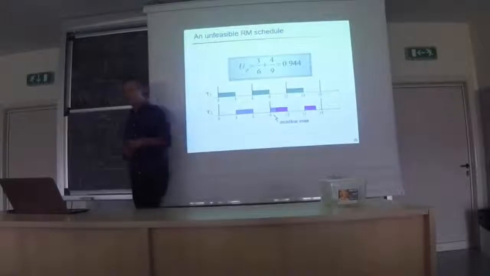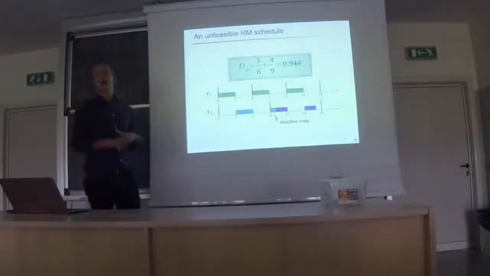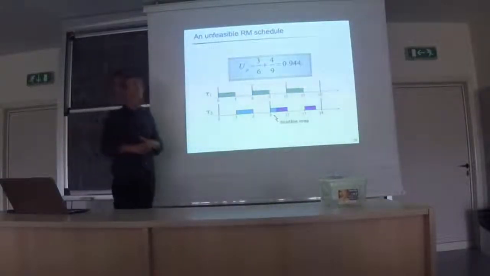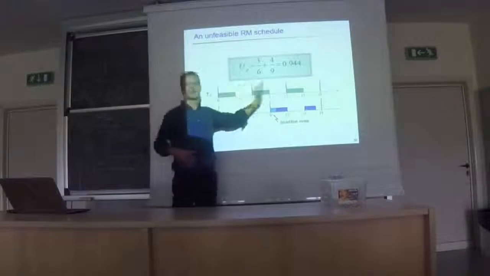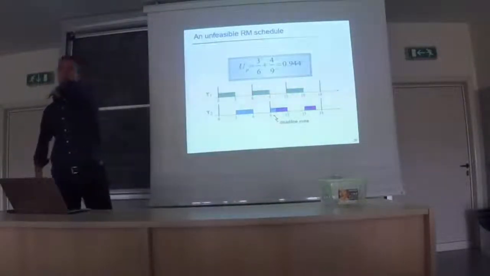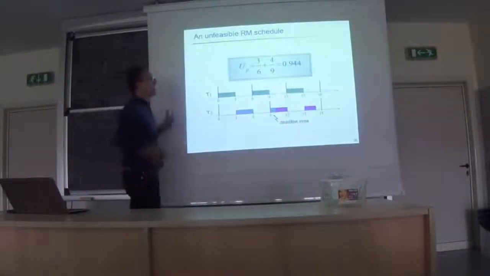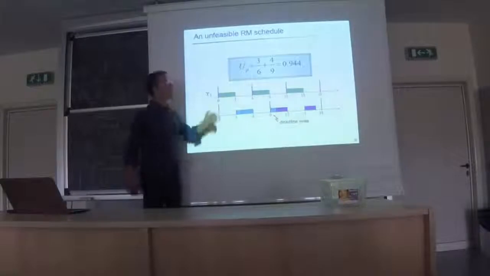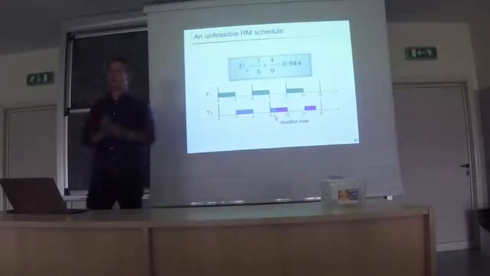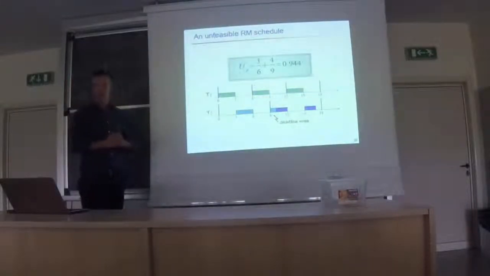Let me repeat again. Rate monotonic is the best priority assignment you could use in a fixed priority setting. If you wanted a better scheduling algorithm, you would need to use a dynamic priority scheduling algorithm like EDF. But about static priority scheduling algorithms, rate monotonic is the best one you could use when deadlines are equal to periods. We will see that again later.